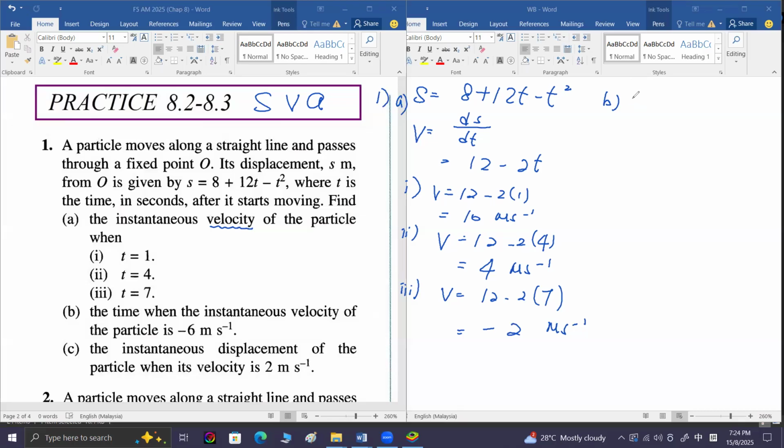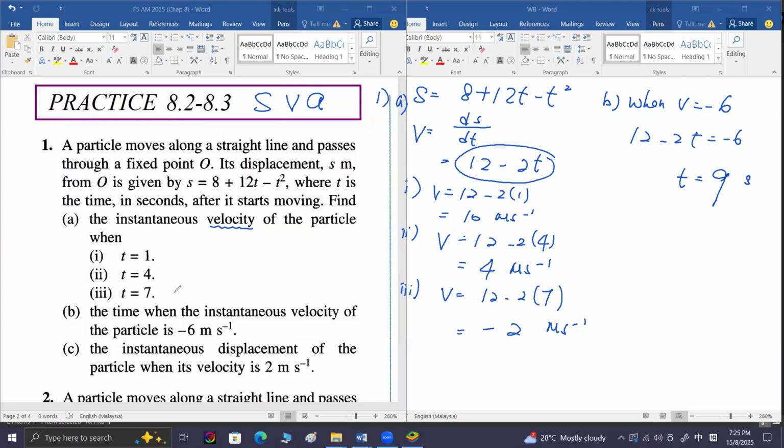Means when V is negative 6, then for you to find t, just direct to your calculator or just do it manually. Should be okay. Okay, so what do you get? Negative 6, negative 18, yeah, 9, okay? 9 seconds.